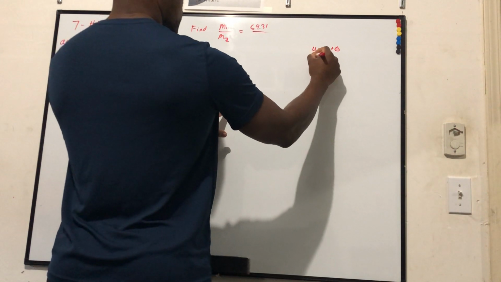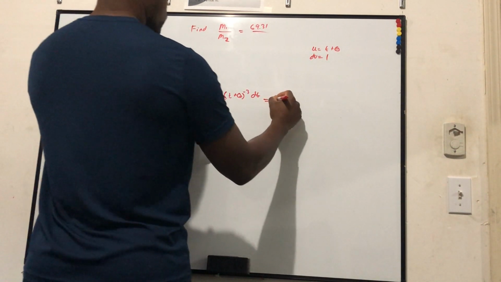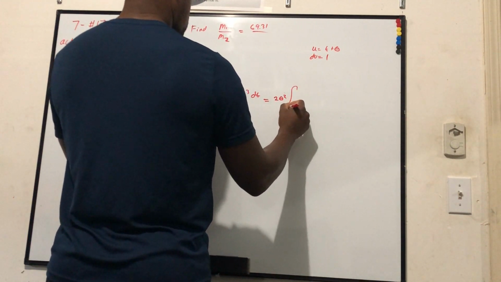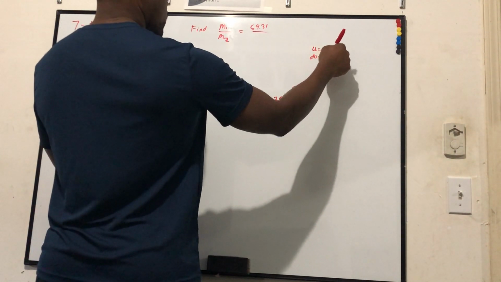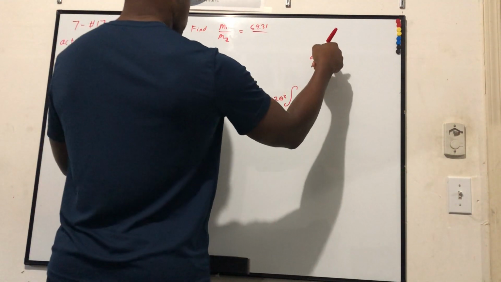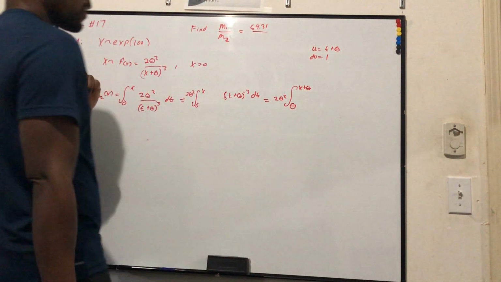Then the du will be dt, and we're going to change those bounds, right? When we throw a 0 in for t, we'll get theta, and when x goes in, it'll be x plus theta.